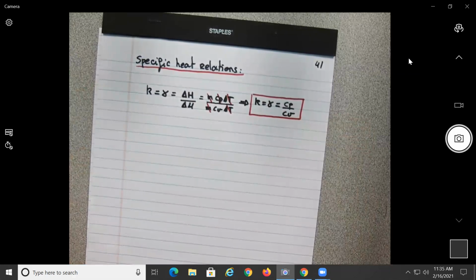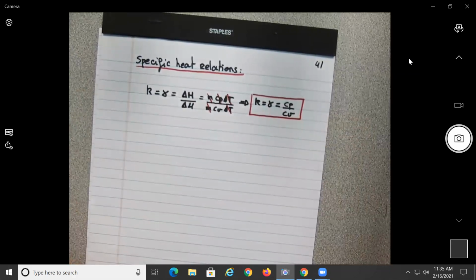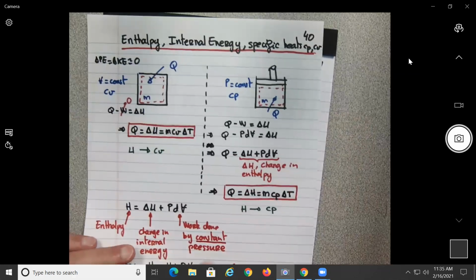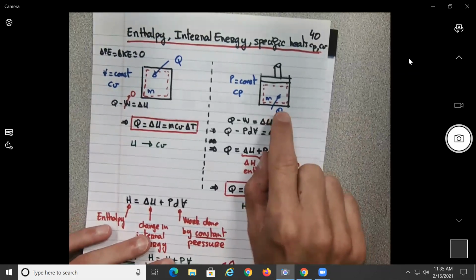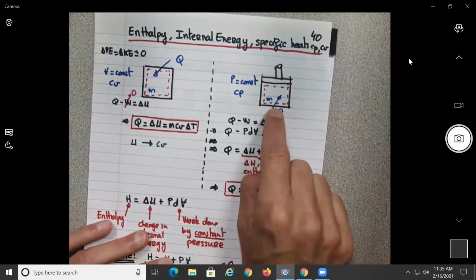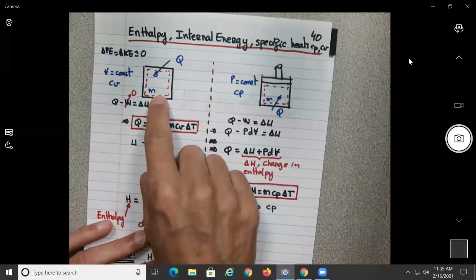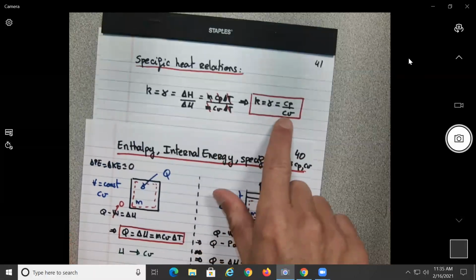So basically, what is the definition of K? K is the ratio of the amount of heat you need to put into a system, a piston cylinder assembly, at constant pressure, divided by the amount of heat you need to put into that system at constant volume.